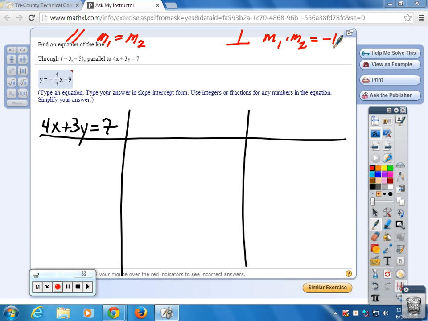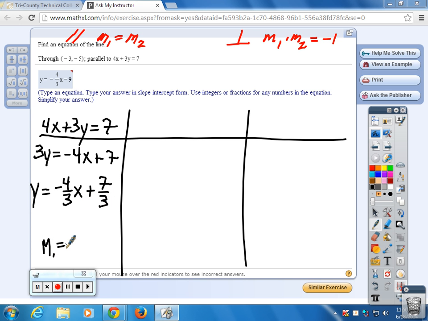So 3y is equal to -4x plus 7. Y is equal to -4/3 x plus 7/3. M sub 1 is equal to -4/3.